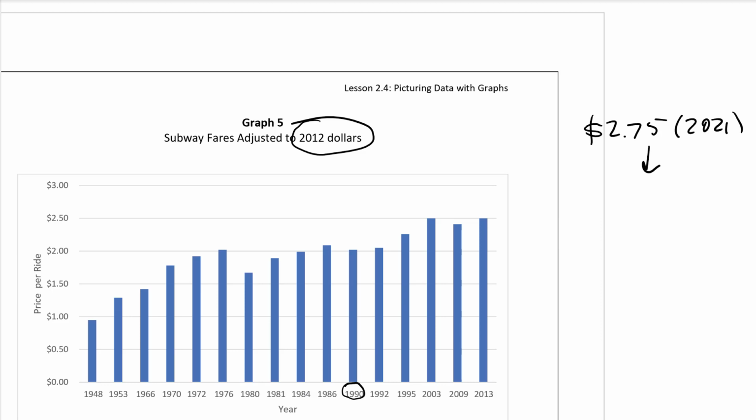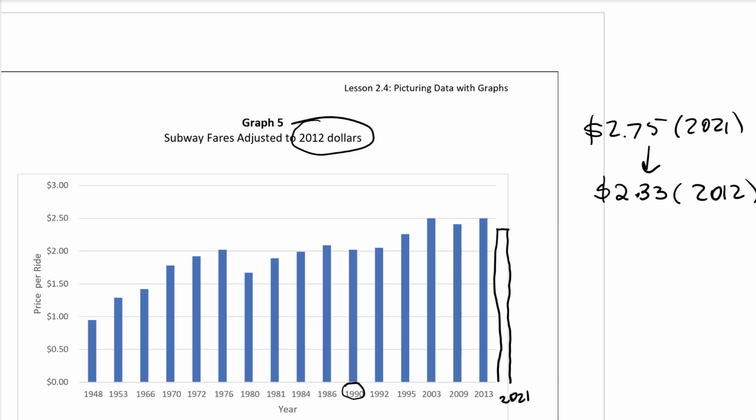So I did the calculations, and we're going to do those calculations later on in the course. So it's actually $2.33. So if you graph it, it's going to be somewhere here. So that's the data for 2021.